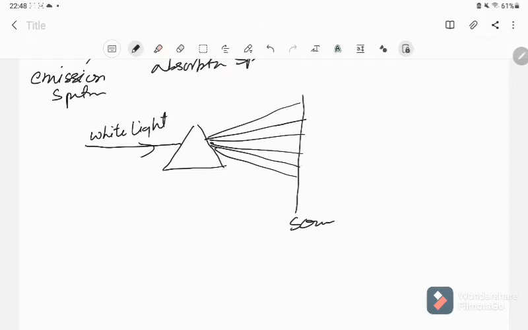We have different colors: V I B G Y O R. Violet, indigo, blue, green, yellow, orange, red. So this band of colors is called spectrum.